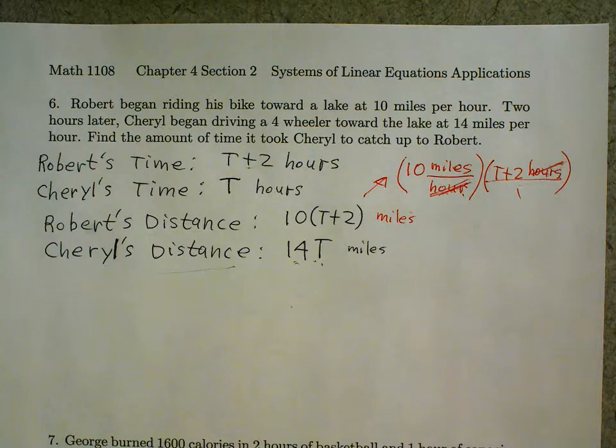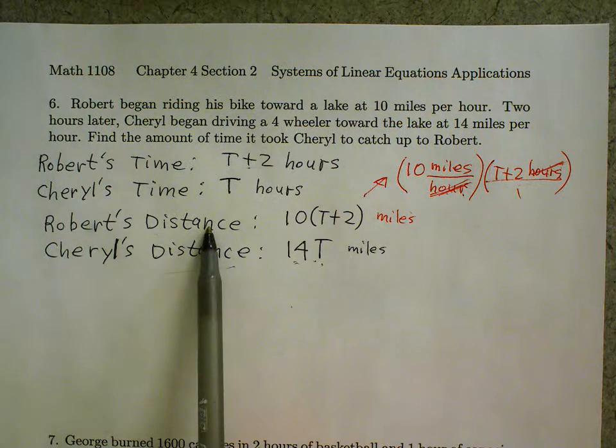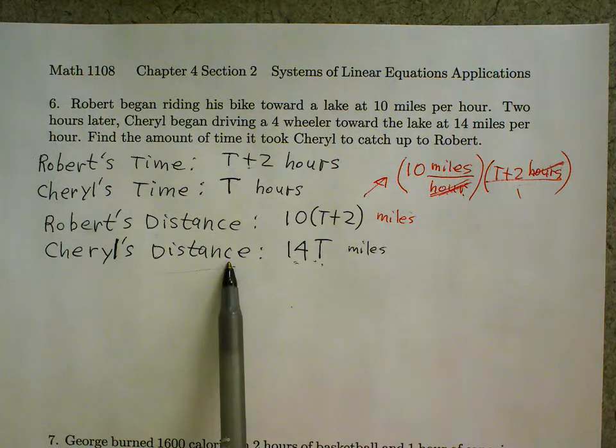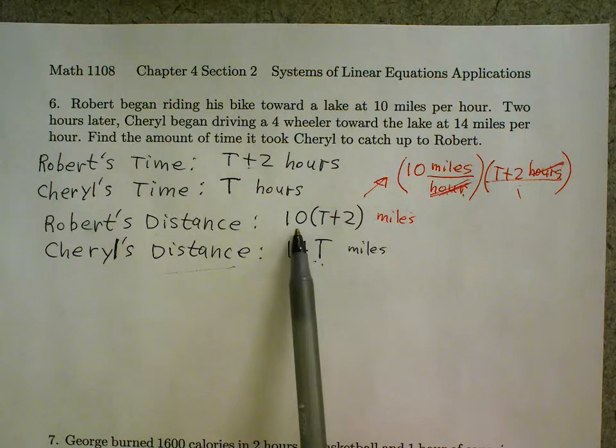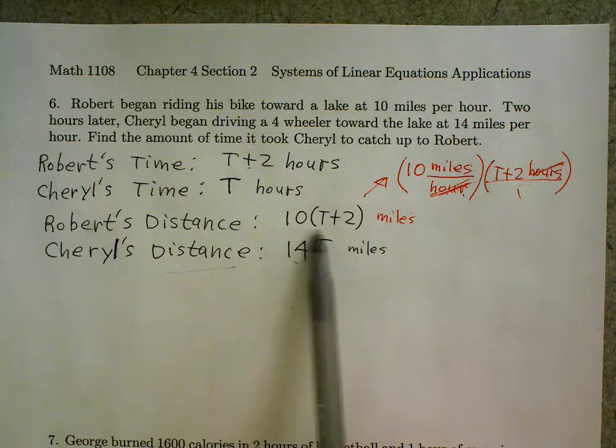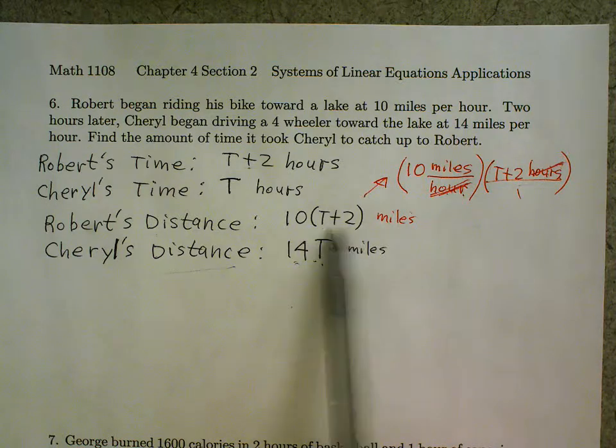So what's my equation? If Robert's distance is equal to Cheryl's distance, well, we're representing Robert's distance as 10 times the quantity T plus 2.